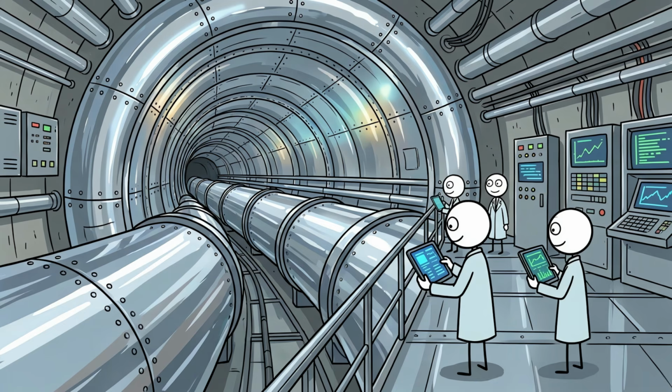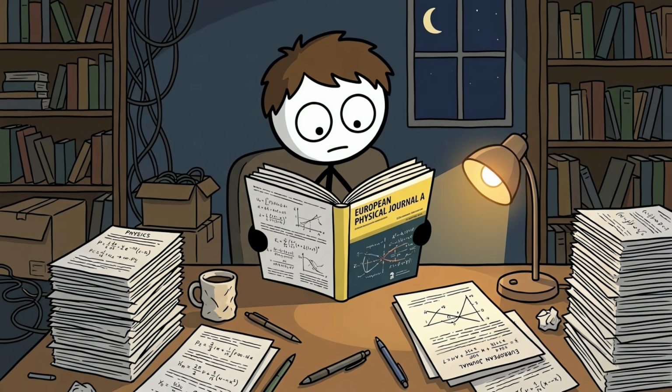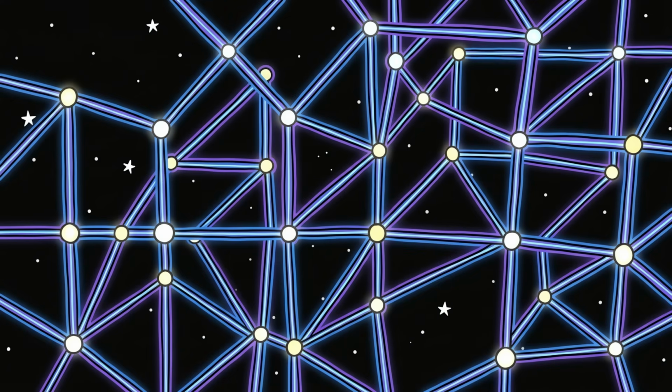What makes this genuinely unsettling, rather than merely philosophical, is that physics provides potential corroboration. In 2012, physicist Silas Beane and colleagues published a paper in the European Physical Journal A, suggesting that simulated universes might have detectable signatures, specifically constraints appearing at the smallest possible scale of space.